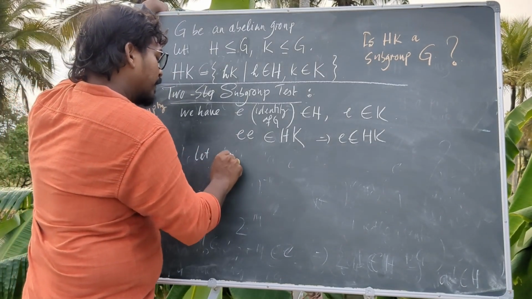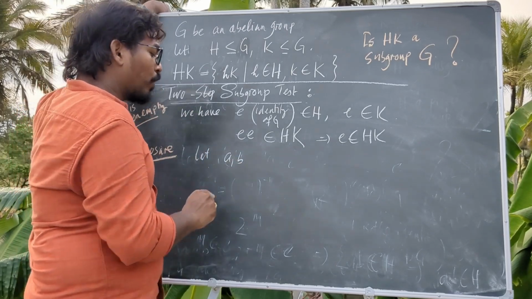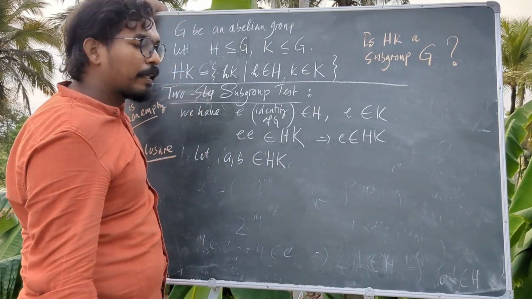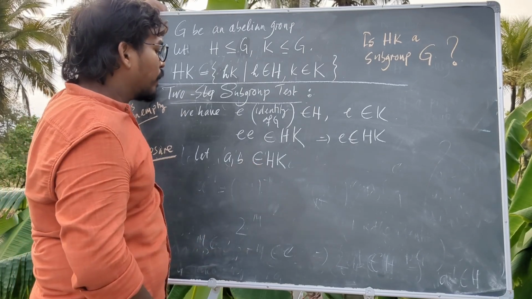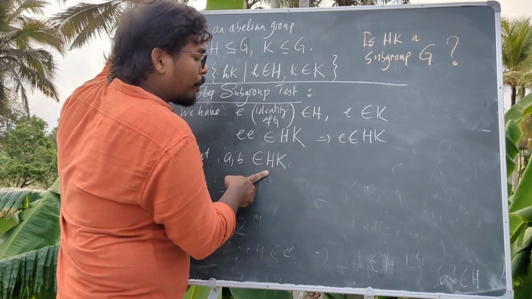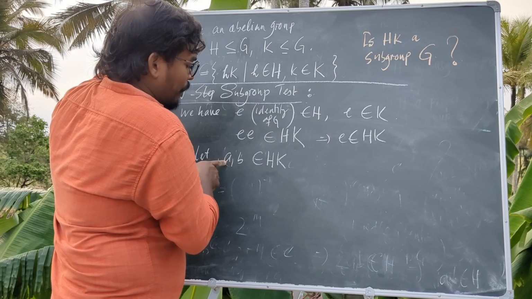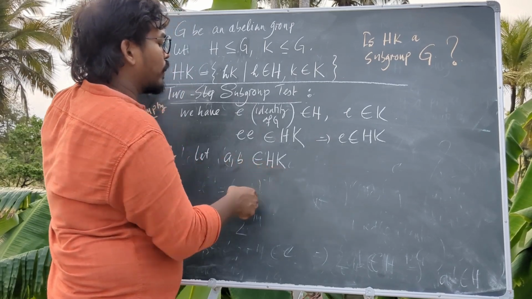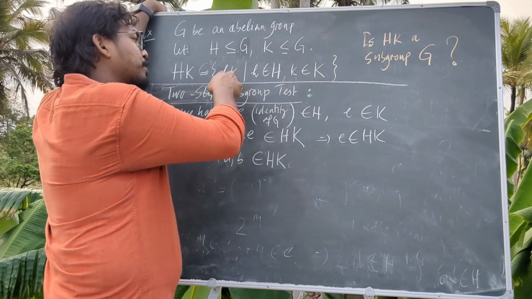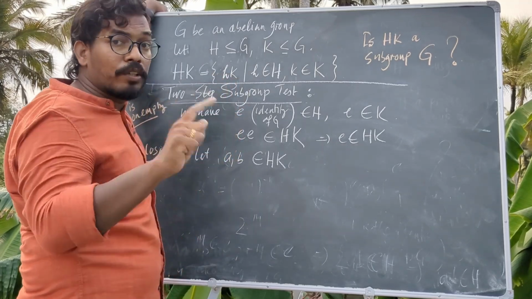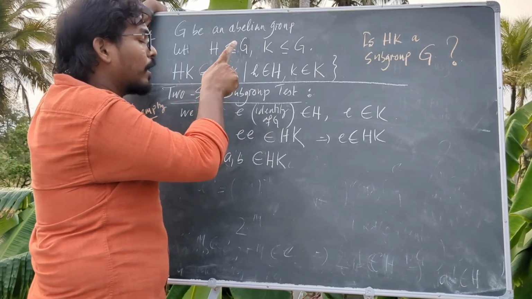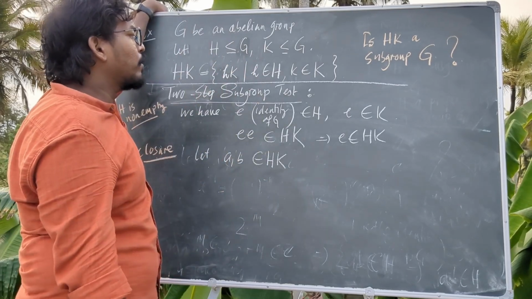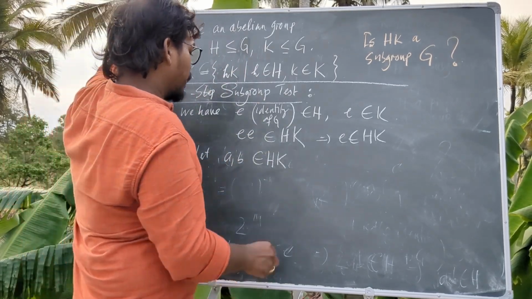Let small a and small b belong to our subset capital HK, and by the property of HK, if A is in the subset HK and B is also in the subset HK, A must be in this form. A must be some product of small h and small k, where the first one is from the subgroup H and the second one is from subgroup K.